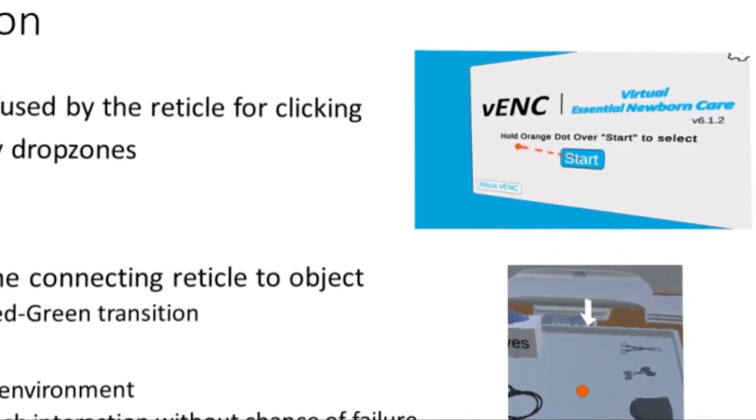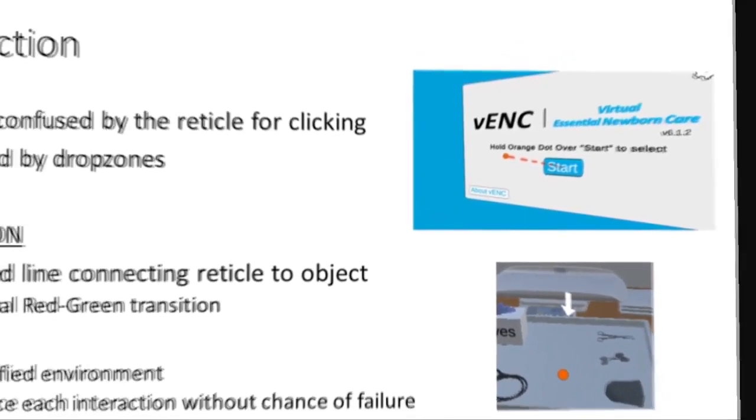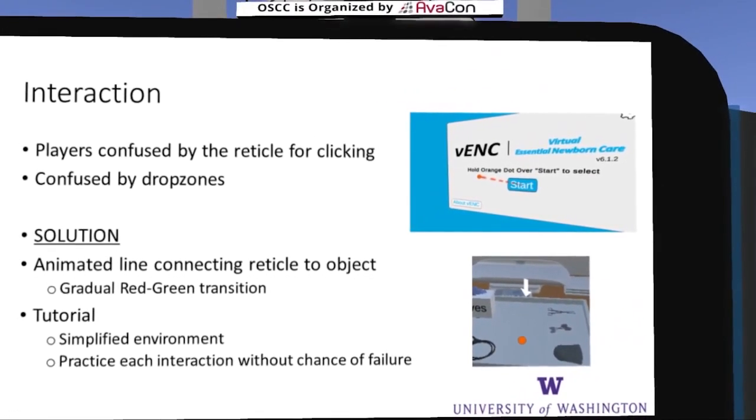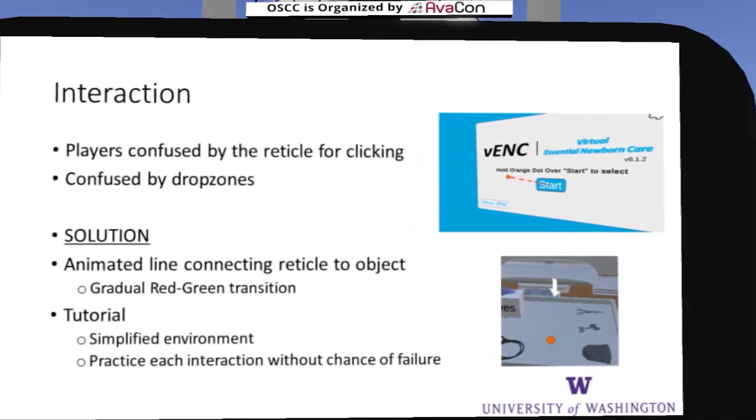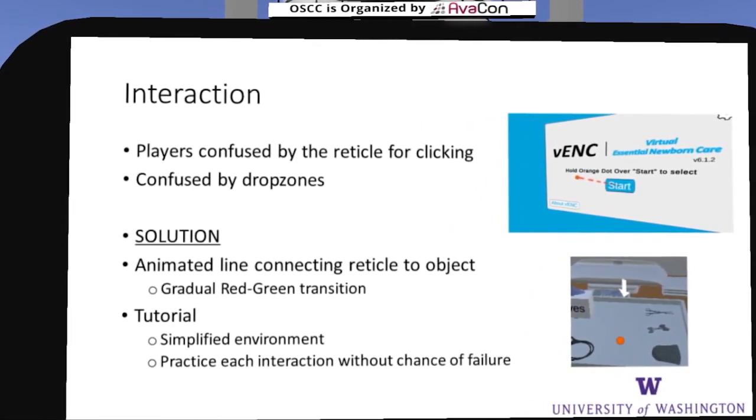Thought that'd be good enough, right? No, definitely not. So what we wound up having to do was draw an animated line between the reticle and the object we wanted them to click on as just that initial step, and then it would change color from like a warmer, colder type of system.